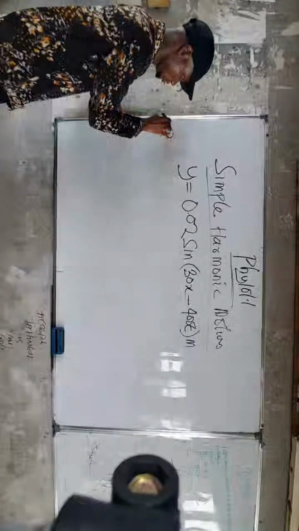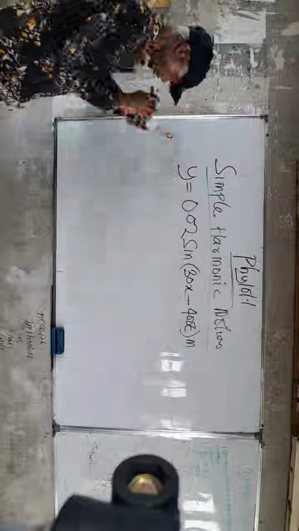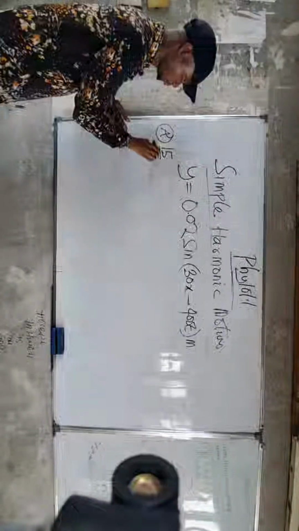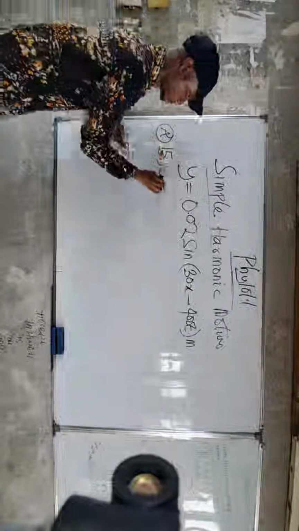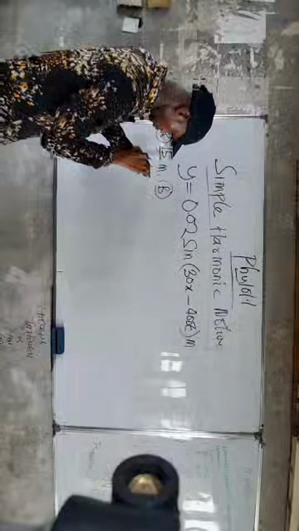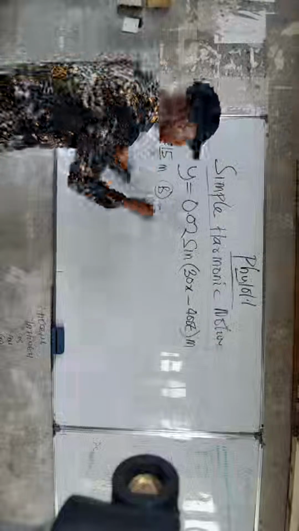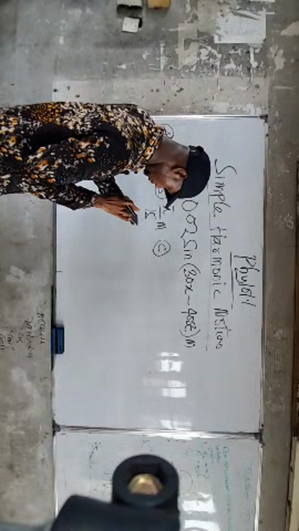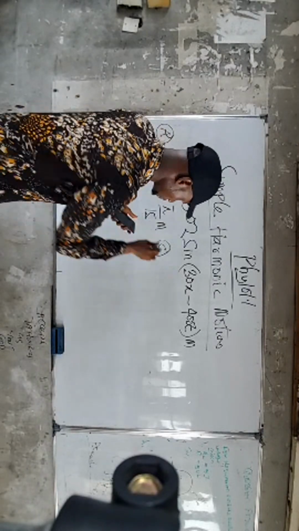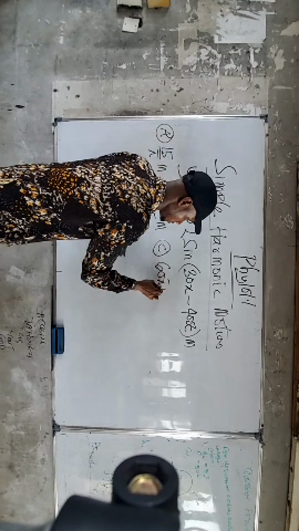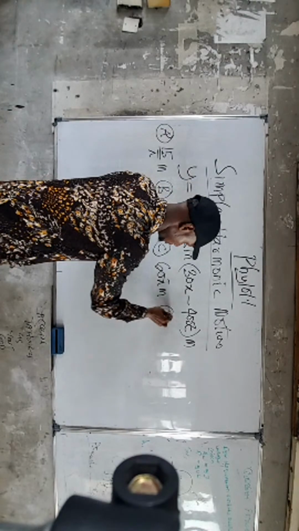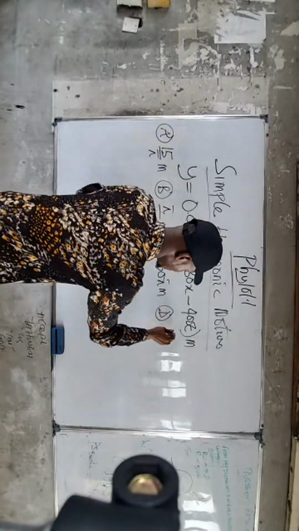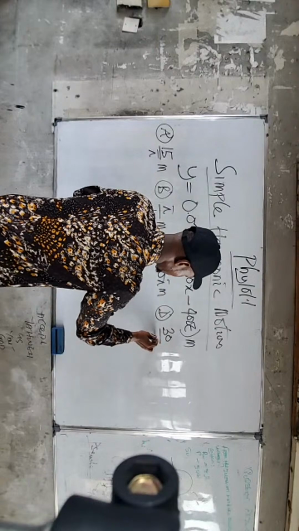Options: a, 15 over pi; b, pi over 15 meters; c, 60 pi meters; d, 30 over pi in meters.